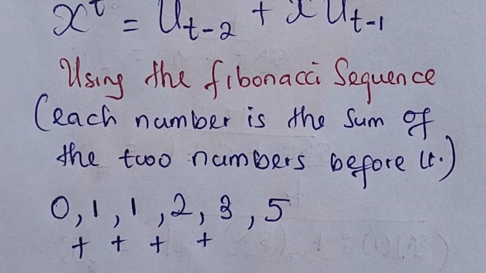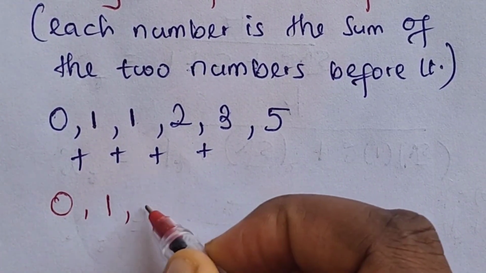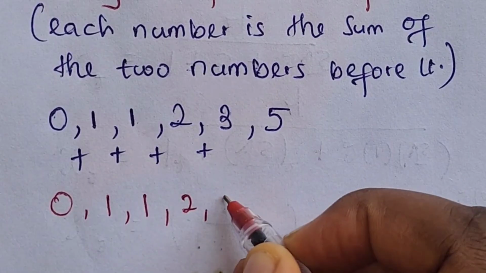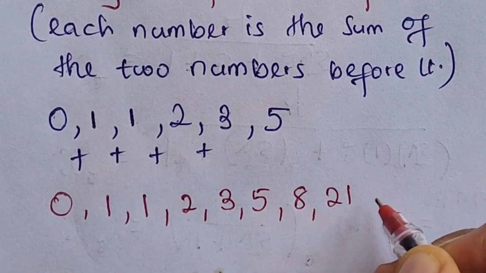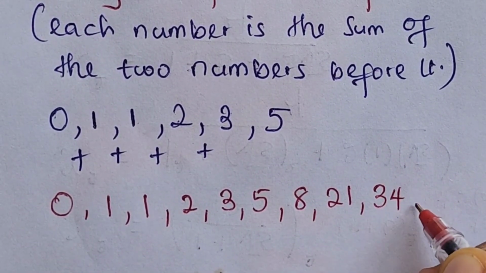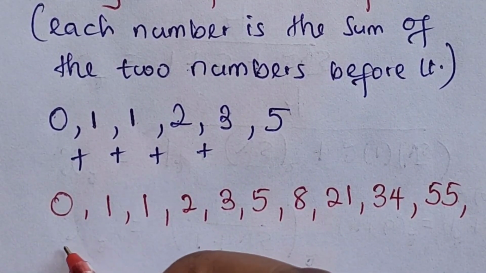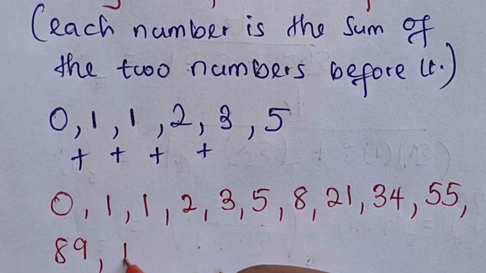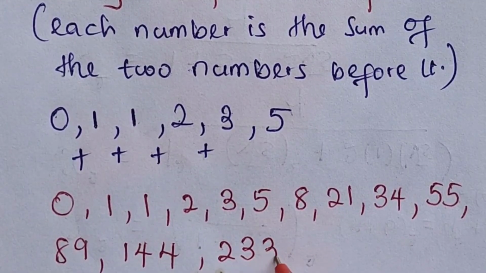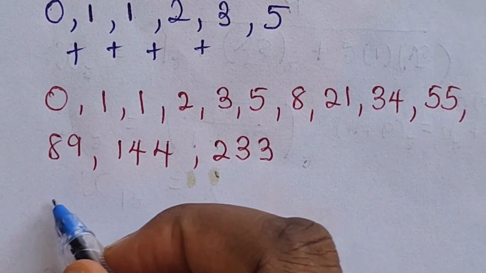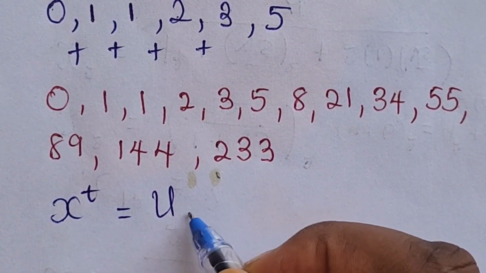So when I continue with this sequence, we'll have 0, 1, 1, 2, 3, 5, 8, 21, 34, 55, 89, 144, 233.